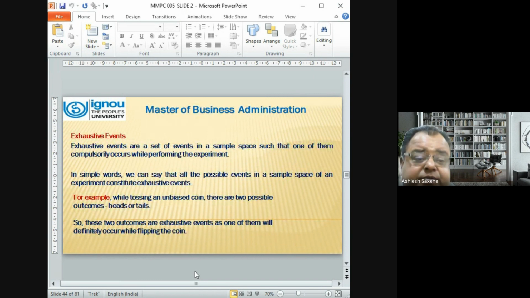Exhaustive event. Exhaustive events are a set of events in a sample space such that one of them compulsorily occurs while performing the experiment.